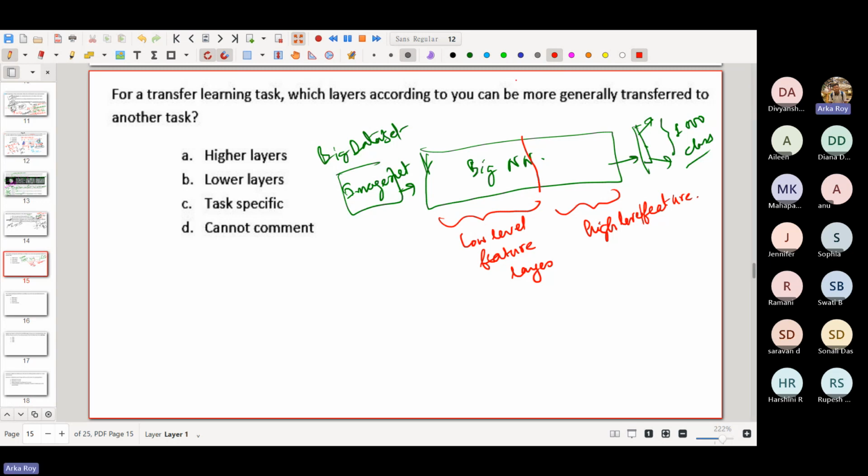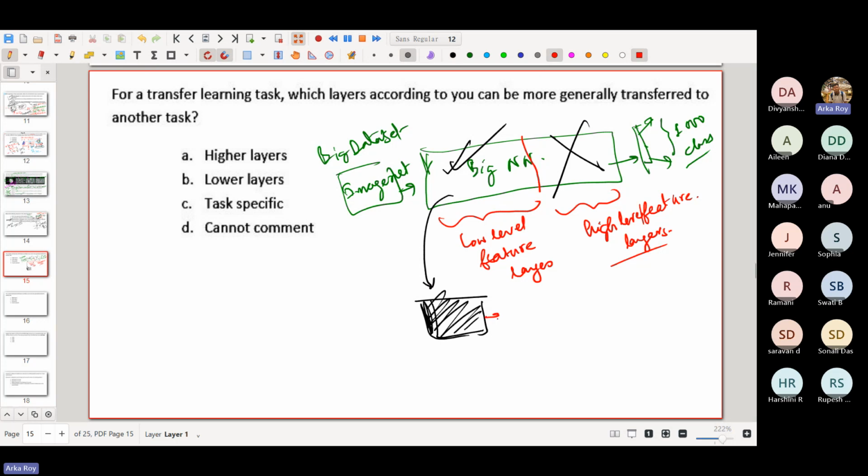So you can transfer these low level feature layers, not the high level feature layers, for transfer learning tasks. So you can transfer this model over here. This is the transferred layer.